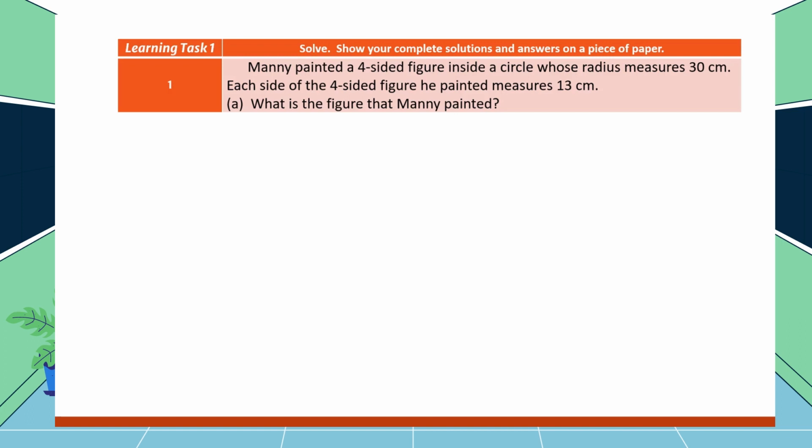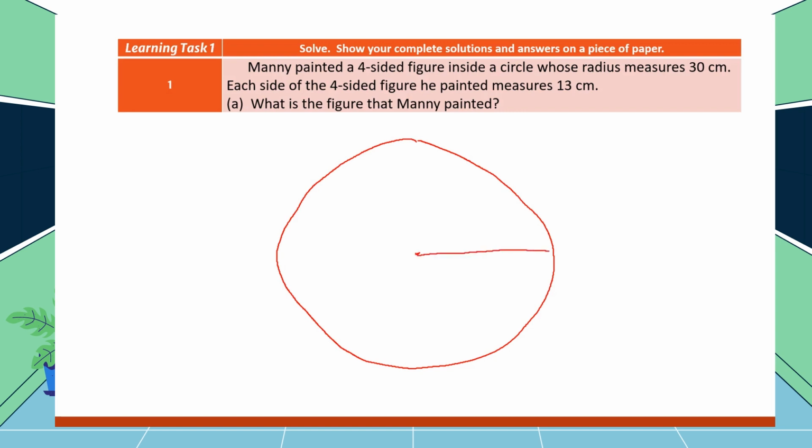Well, in this problem, meron tayong involved na circle. So, drawing tayo. Kunwari, ito yung circle. Okay? Now, ang sabi dito sa problem, ang radius daw nito ay measures 30 centimeters. So, from the center of this circle, meron tayong radius na ilan? So, ang radius daw natin ay 30 centimeters.